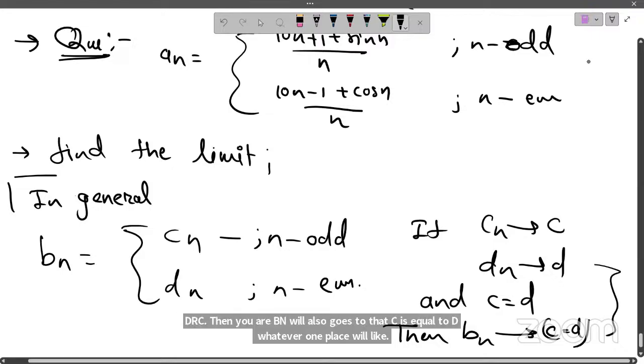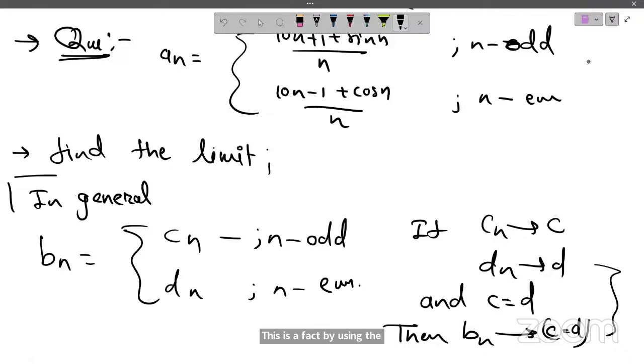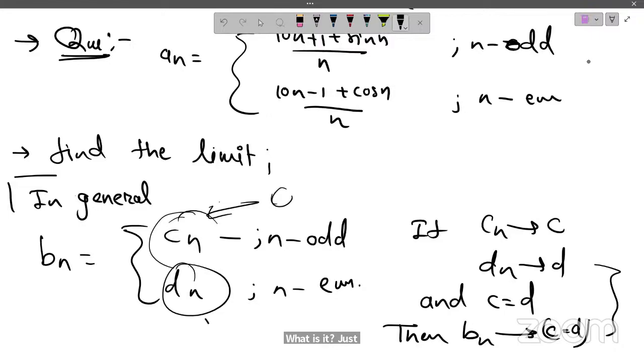This is a fact by using the subsequence property. You guys might not know this, but this is one thing. If you have a sequence defined in this way, that odd is somewhere and even is somewhere, then just take the limit of the first sequence Cn, then find the limit of Dn, and if C and D are equal, then your sequence Bn will also converge to the same point. You got this fact?